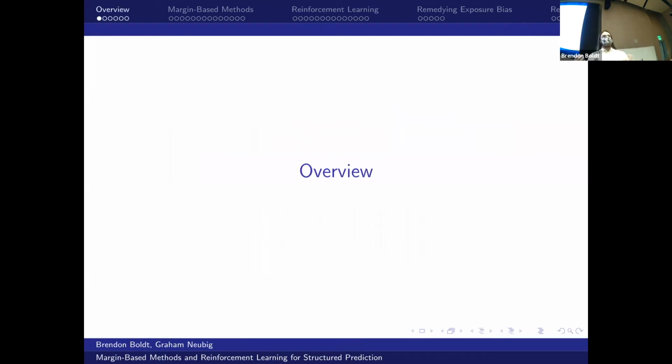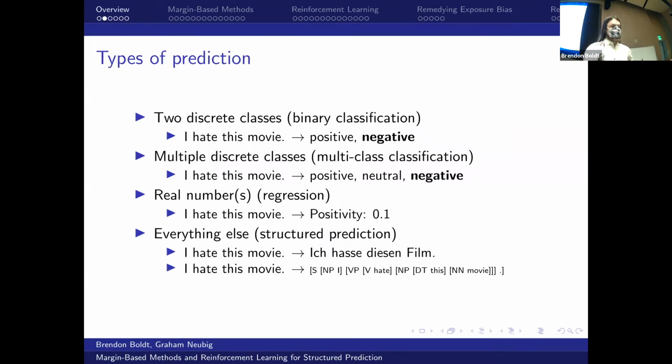So I want to give a quick overview for the lecture just to help you navigate. You can also look at the top of the beautiful Beamer bar there to see where we are in the lecture. So we're talking about prediction today. Now, maybe the simplest kind of prediction we could be doing is something like binary classification. We just have two discrete classes, and we just want to choose one of them.